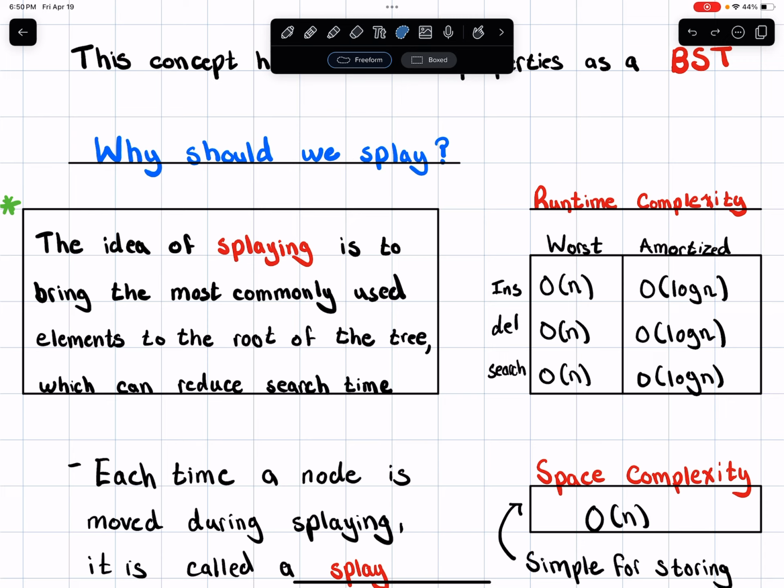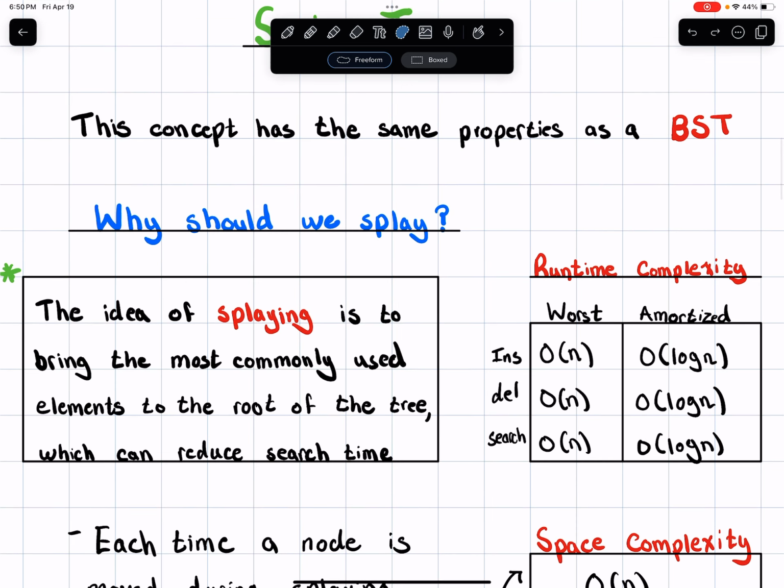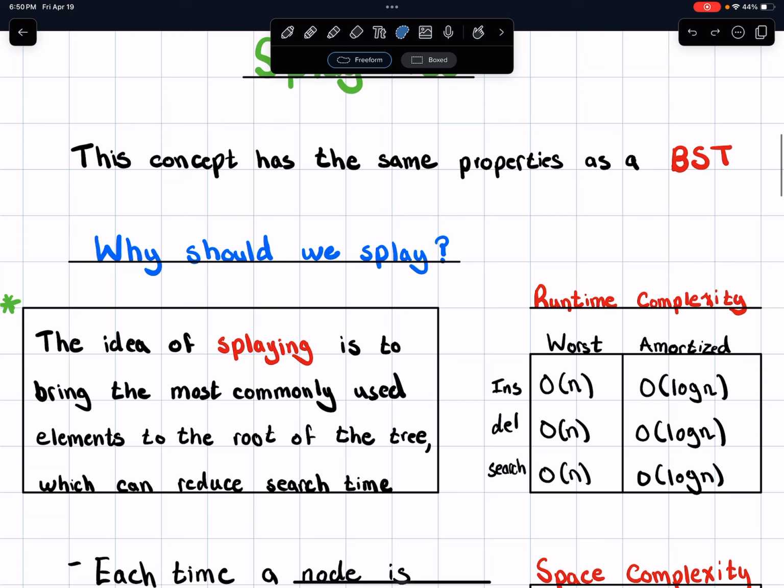However, there have to be some drawbacks to these data structures. The need to splay on every operation can make splay trees slower in scenarios where the tree needs to remain relatively static. Splay trees also have a lot of use cases.